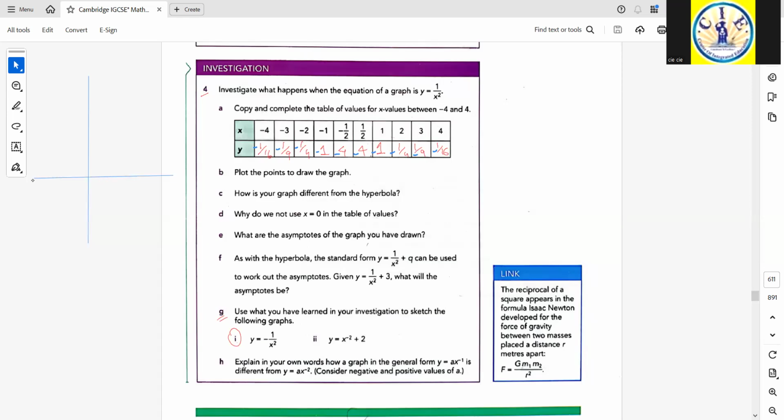Okay, this is -1, -2, -3, -4, and same goes on the right side. 1, 2, 3, and then 4, as this is the x-axis.